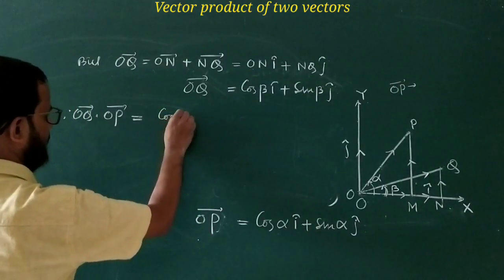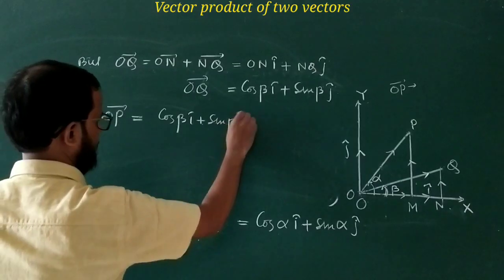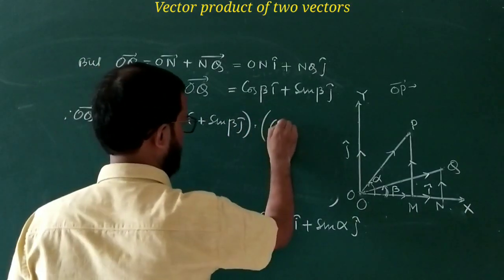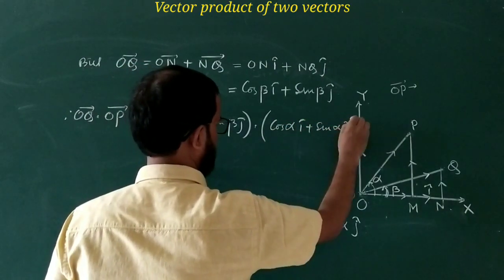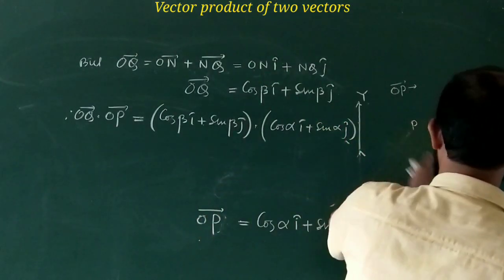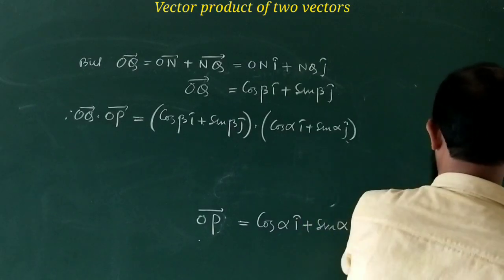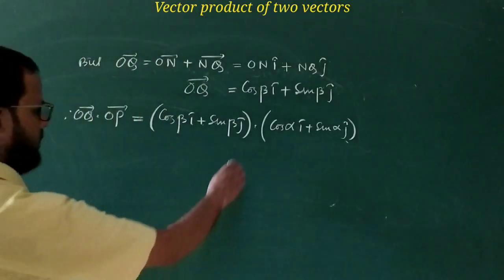Cos beta i cap plus sin beta j cap dot, and OP is cos alpha i cap plus sin alpha j cap. Okay. Now this is the dot product between these two.